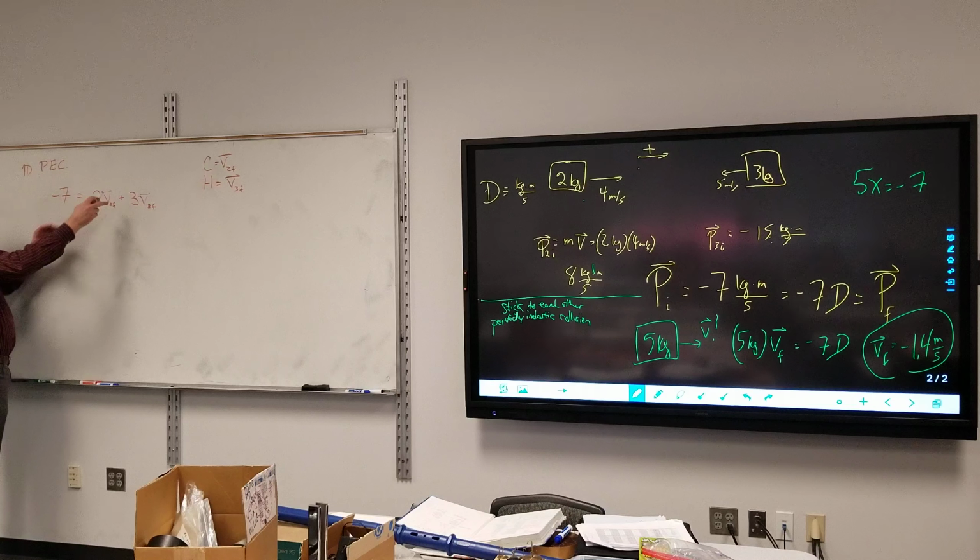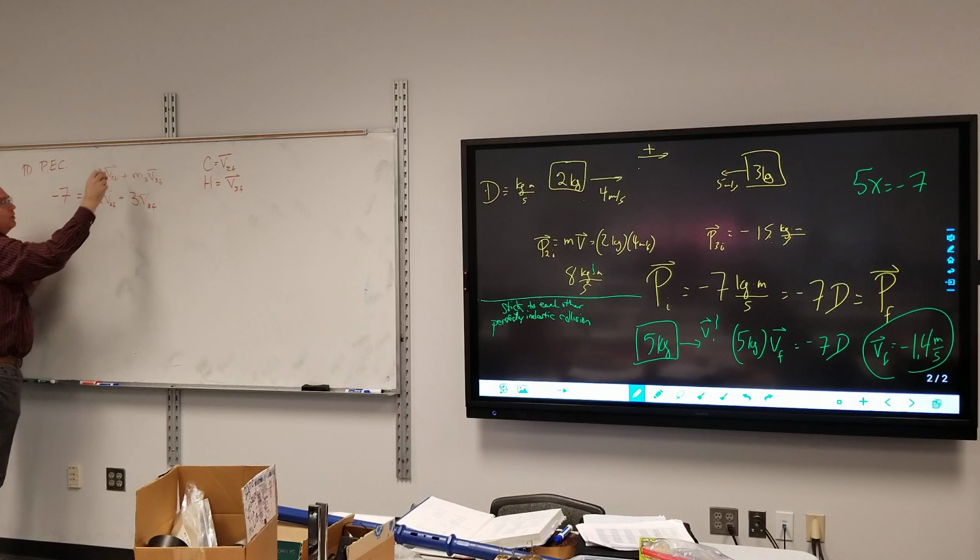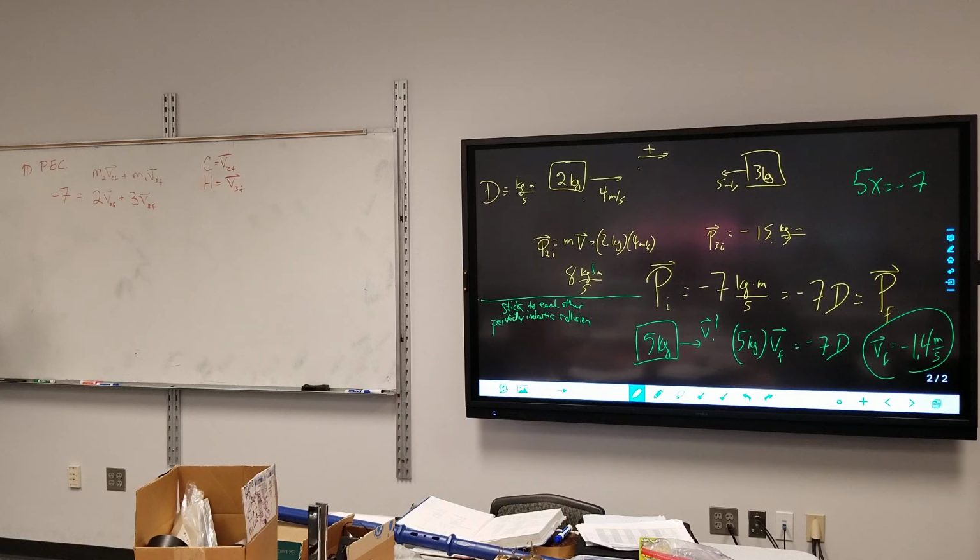This is the final momentum. Remember, momentum is mass times velocity, so this is M2 V2 final plus M3 V3 final, where M2 and M3 refer to the 2 kilogram mass and the 3 kilogram mass respectively. And that equals -7, just like we got the -7 from just doing the initial. Okay, got it. Other questions right now?